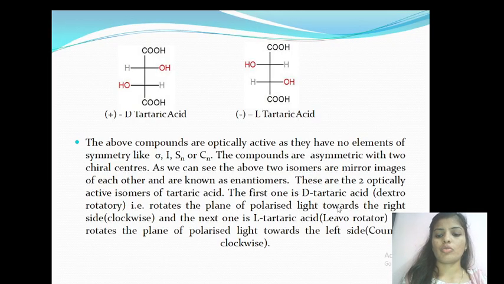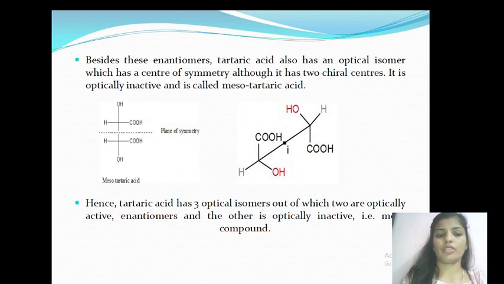The first one is the D-tartaric acid, the dextro-rotatory one, which rotates the plane polarized light towards the right side or clockwise, whereas the second one is the L-tartaric acid, which is the levo-rotatory one, meaning it rotates the plane polarized light towards the left side or counter-clockwise direction.